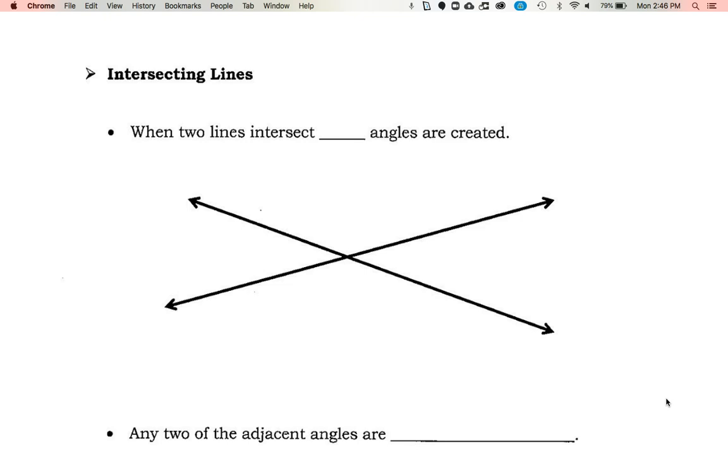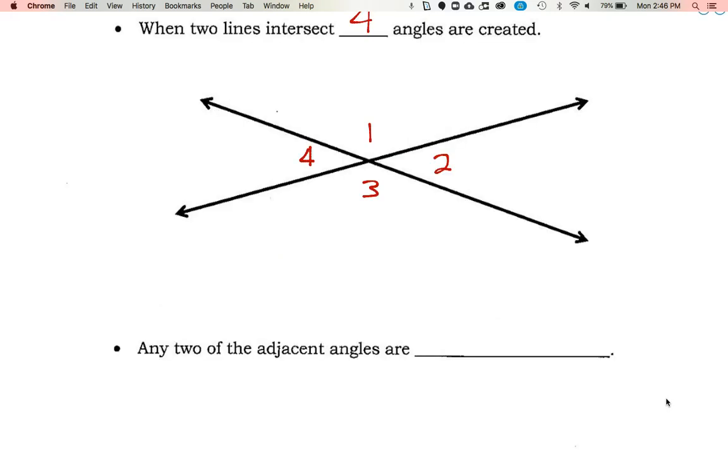Okay, so when two lines intersect, 4 angles are created. When that happens, we have some properties that show up. Any two adjacent angles, remember adjacent angles share a side.